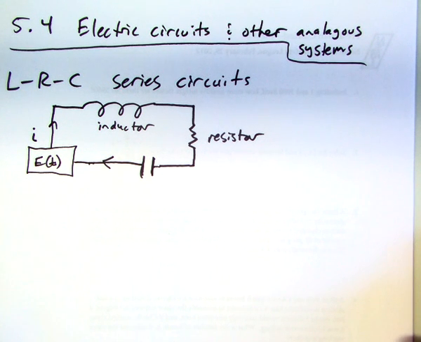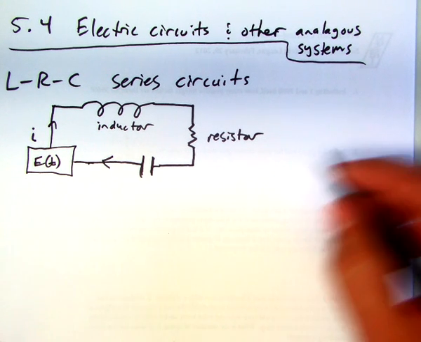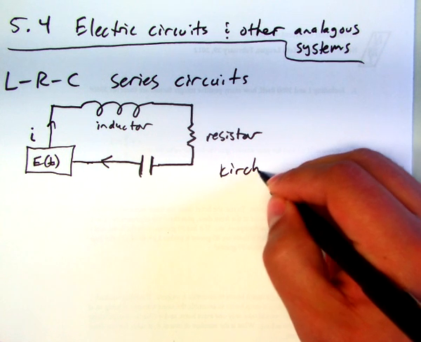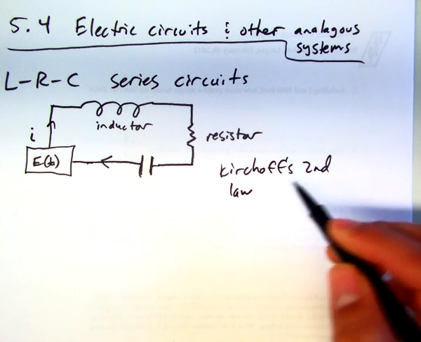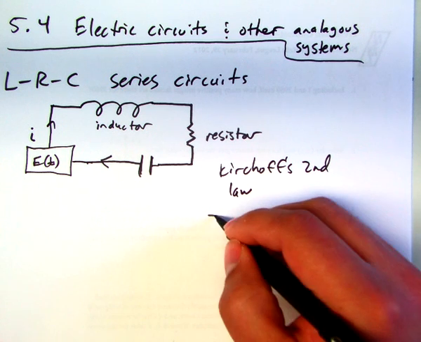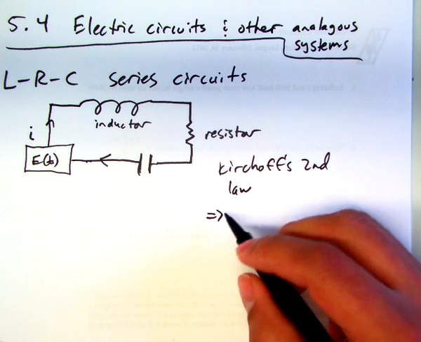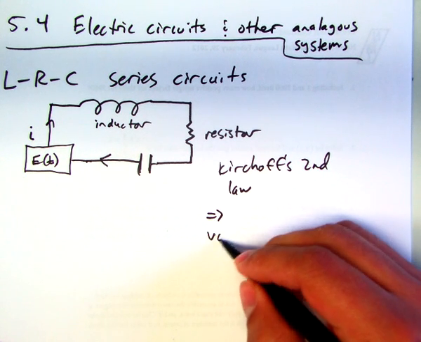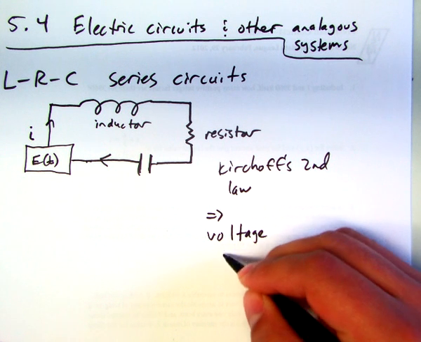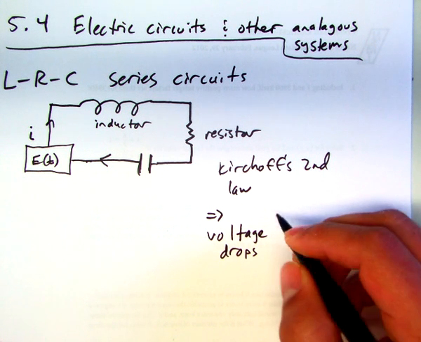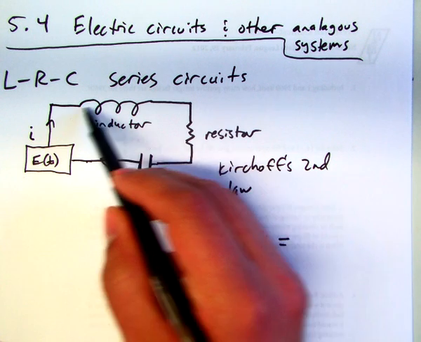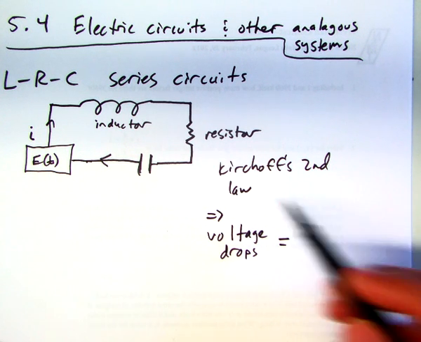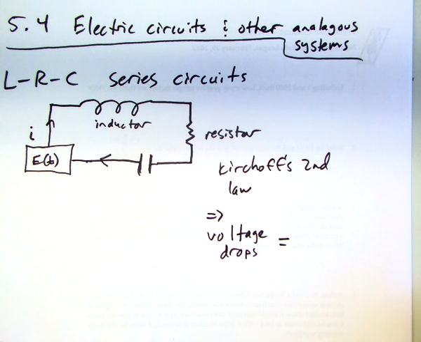using Kirchhoff's second law, that states that the voltage drops, the voltage lost as the current flows from the inductor, resistor into the capacitor is going to equal to what?